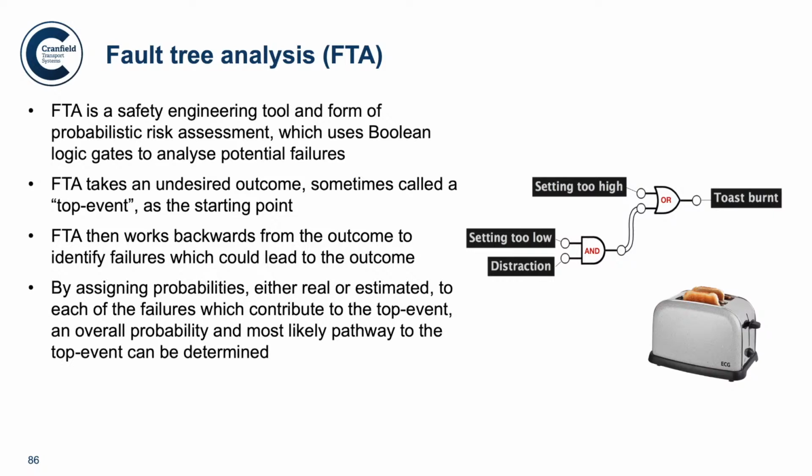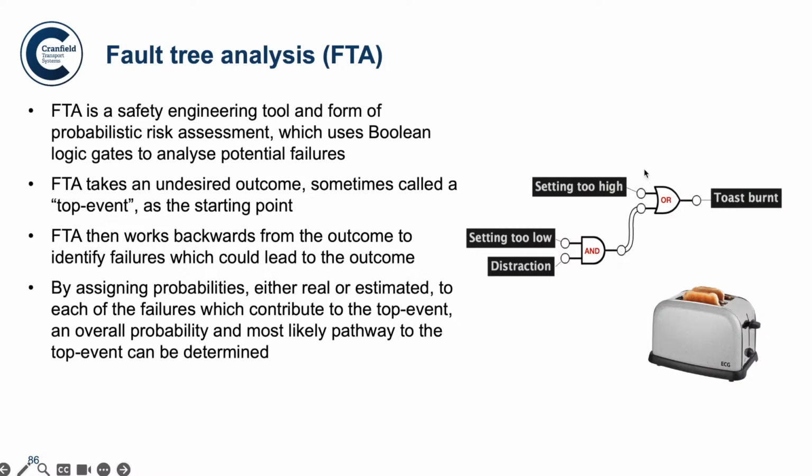The powerful thing is that we can put on each of these nodes probabilities of how likely that is to happen. We can get that from data. If I'd been making a note of how many times I set the toaster too high, and I knew that was, say, 20% of the time, I could put 0.2 in here. I could do the same for this too.